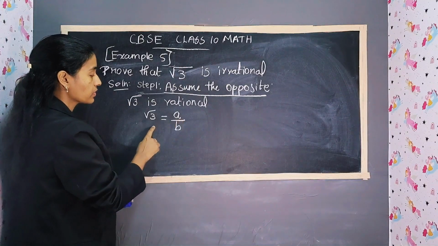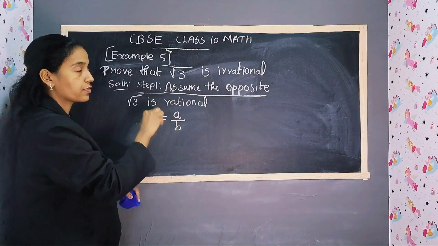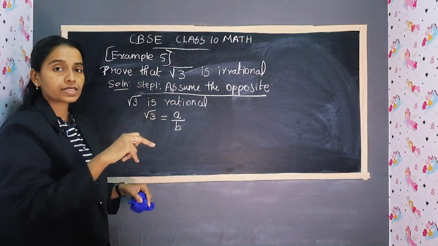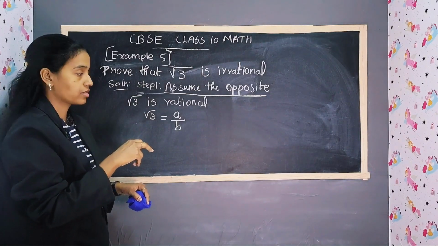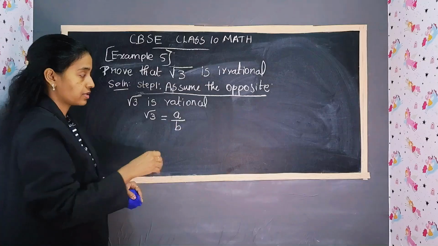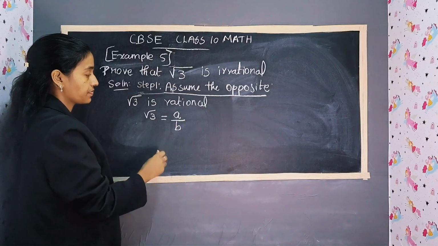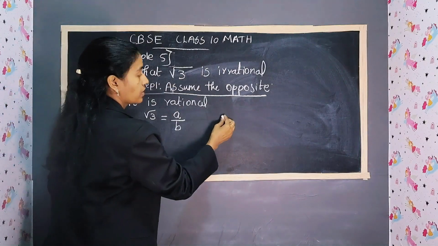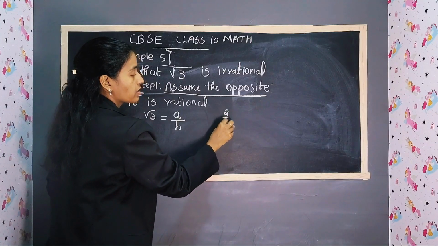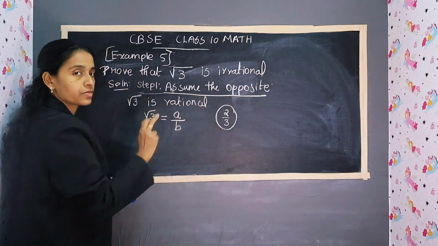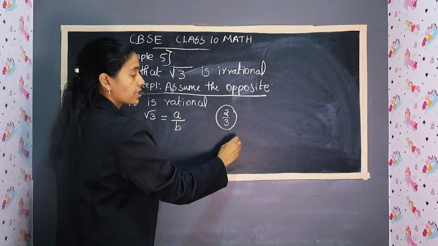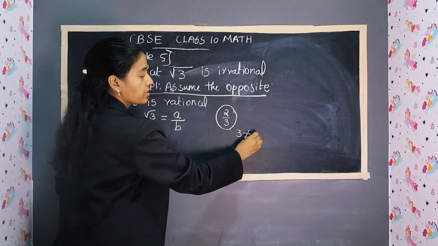And for any rational number, if you are writing it in the form of a fraction, the denominator should not be 0, right? For example, I am taking 2 by 3 as a rational number. This 3 is not equal to 0, right?